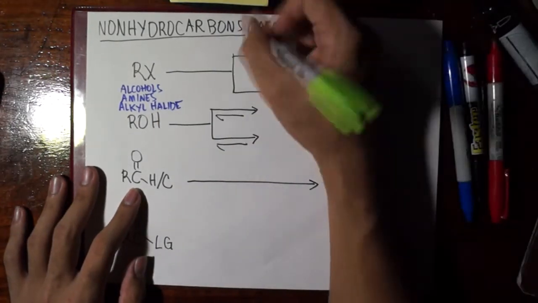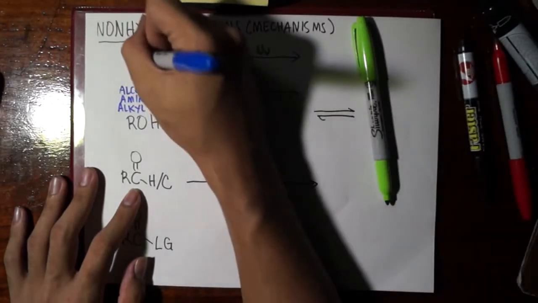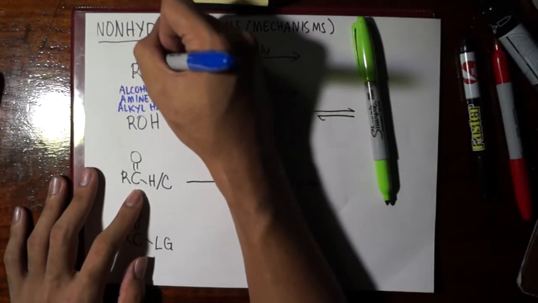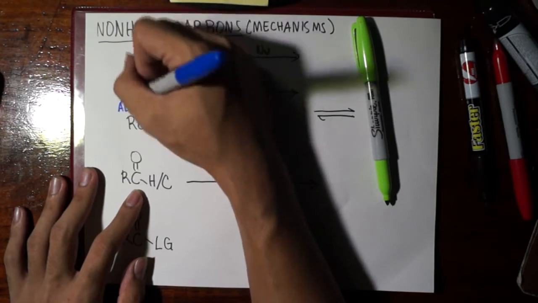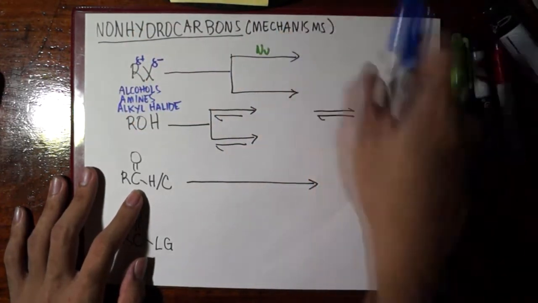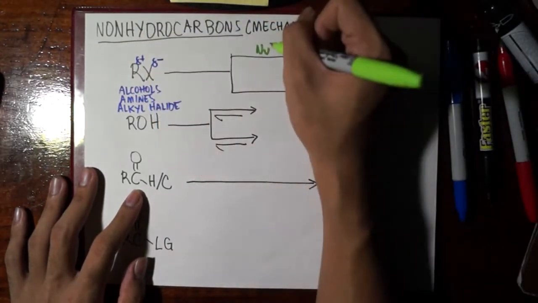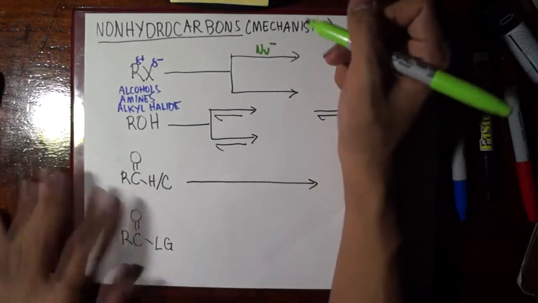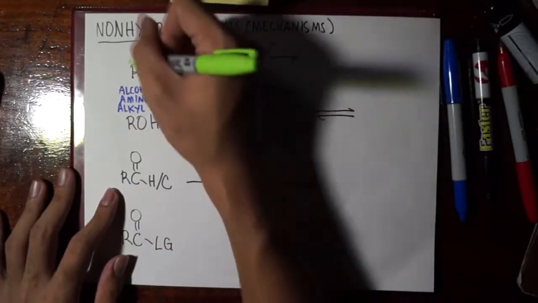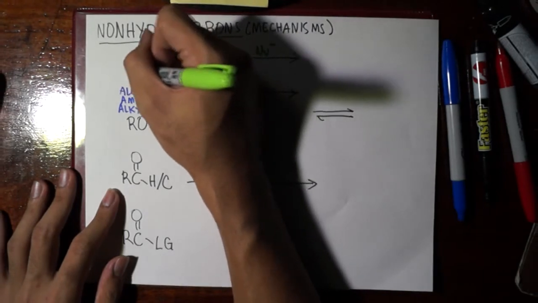It could use a nucleophile, since the R here is partially positive because any of the functional groups of these three are partially negative, or electronegative. Nucleophiles are negative, sometimes neutral. The nucleophile will replace this X, which acts as a leaving group. This one is the substrate.